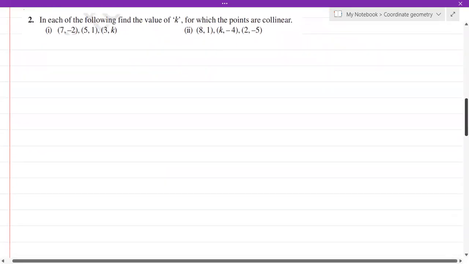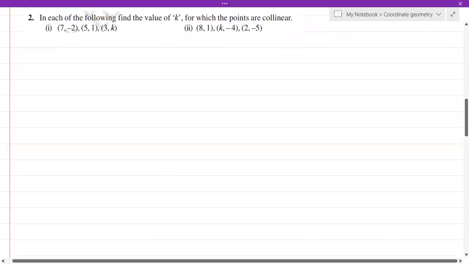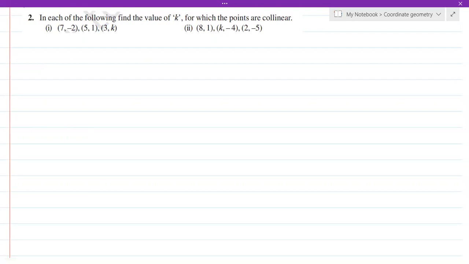So let's get into the next question. Here, we have to find the value of k for which the points are collinear. They've already mentioned that the points are collinear. What we have to do is just find the value of k. So let's do that. Let's take the first point as A, 7, minus 2.